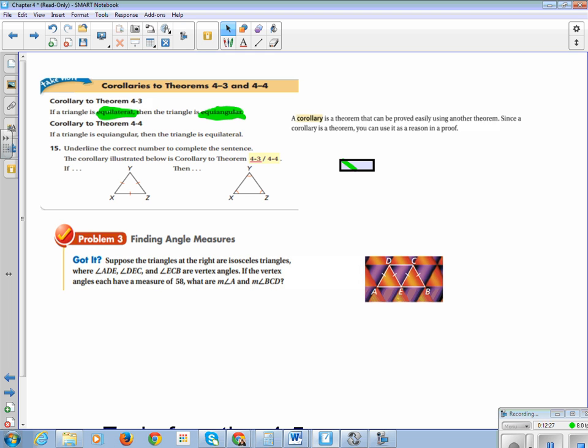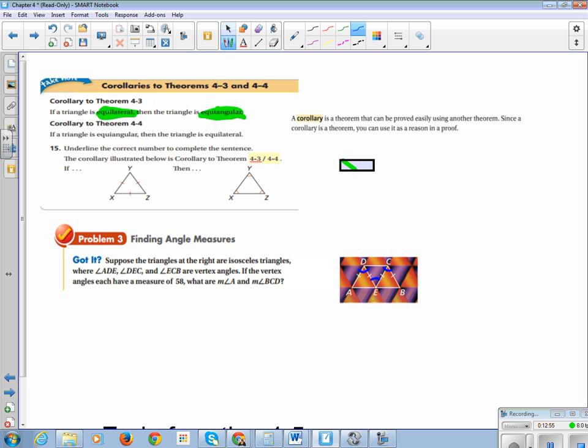Almost done. So take a look at this little diagram here. We're going to suppose the triangles at the right are isosceles triangles, and they've been marked as such, where angles ADE and DEC and ECB are vertex angles.